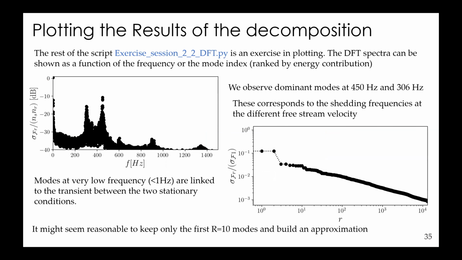But the other modes will not care about that. They will be exactly the same, which is not the same as in the POD, for instance, or in the other decompositions. For the DFT, nothing will happen, but this first one will be set to 0.